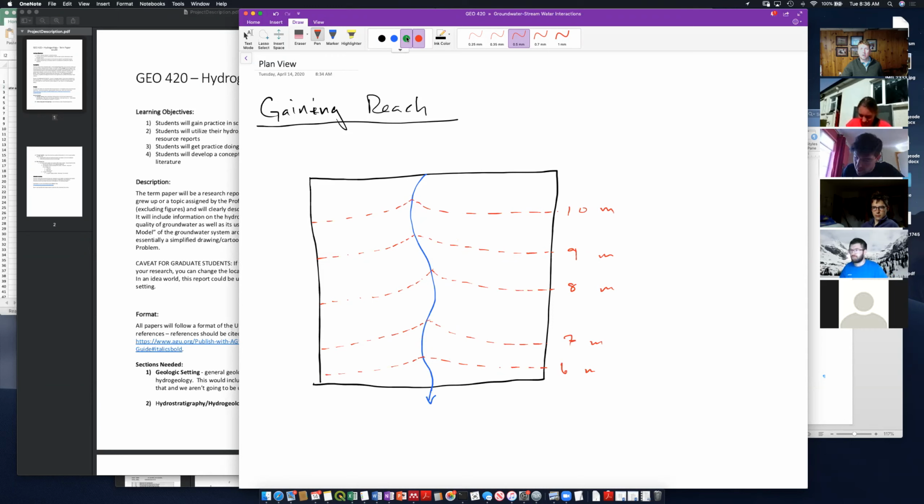So now let's draw a few flow lines. They have to intersect our head contours at perpendicular angles, right? So they would follow these contours into my stream, and I would have a gaining reach.